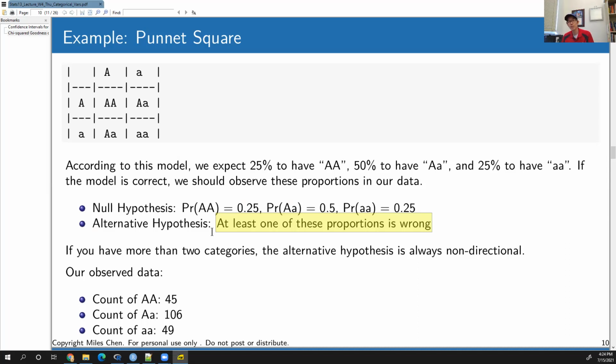So with more than 2 categories, all you can really say is that at least one of the proportions is wrong, but you're not allowed to specify which one. If you do want to specify that it is this one category and it's too big or too small, then you have to dichotomize the variable. You have category D, which is of interest, and you say, I think it's too big, so our alternative hypothesis is that it has to be something bigger.